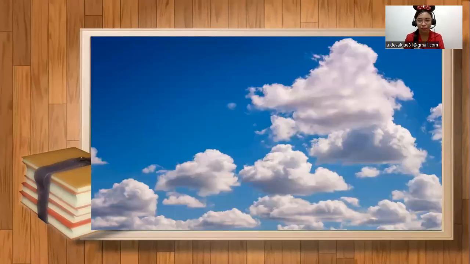What is this? Yes, you can see a sky, and in the sky, there is a cloud. There are many, so there are clouds here. Now, class, can you say something about clouds? Yes, anybody? Very good. They are beautiful. What else? Its color is white.